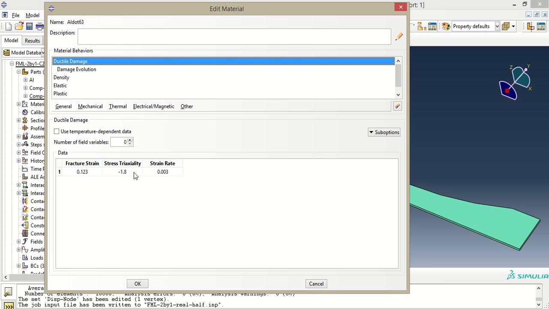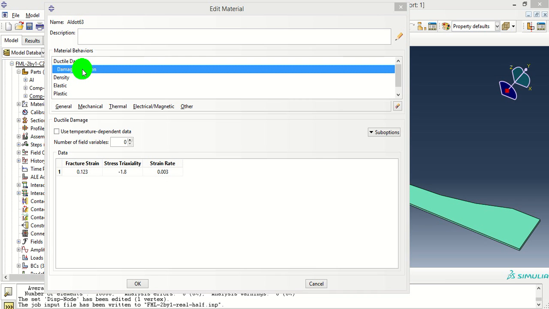These two quantities get plotted against each other, fracture strain versus stress triaxiality. So a curve is obtained in this format: fracture strain on the y-axis, stress triaxiality on the x-axis. Different materials have different behavior in that. Put in the values corresponding to the strain rate you are doing.